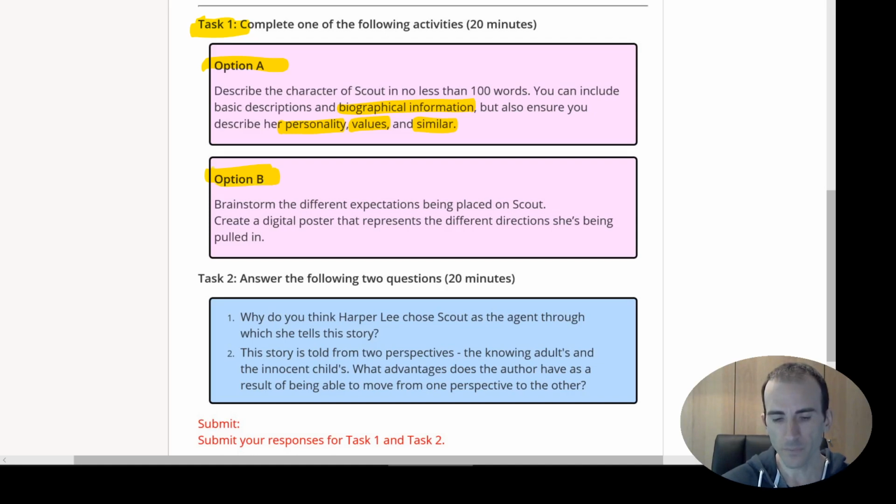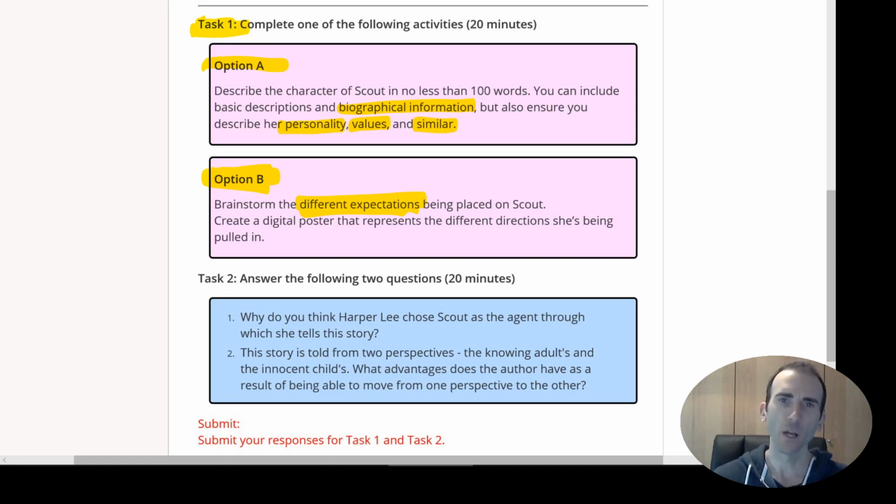Option B, if you choose to do this one instead of option A, you get to do something kind of similar, but this time you get to do it visually. If you choose option B, brainstorm the different expectations being placed on Scout. What are all the different demands or ways that people expect her to act, or morals or values that they expect her to hold?